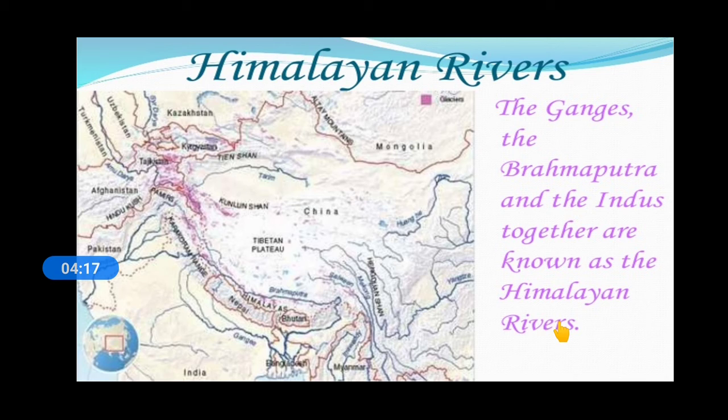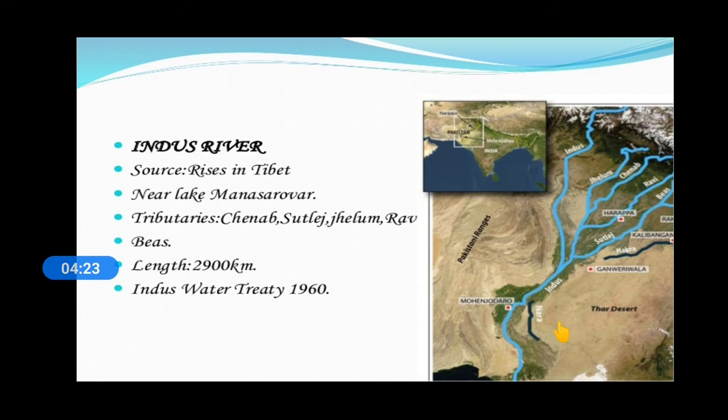So let's have a look at the first river system, that is the Indus river system. It rises in Tibet near the Mansarovar lake. Which are the tributaries of this river? Chenab, Satluj, Jhelum, Ravi and Beas.